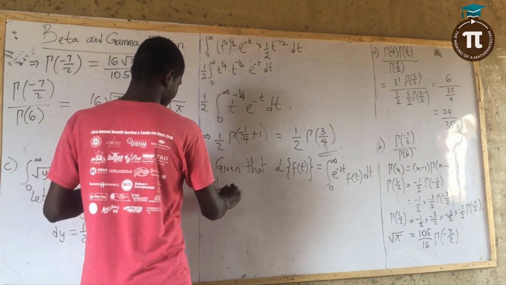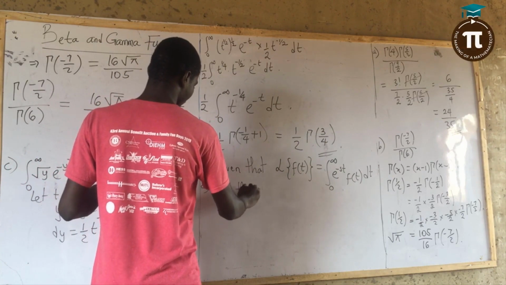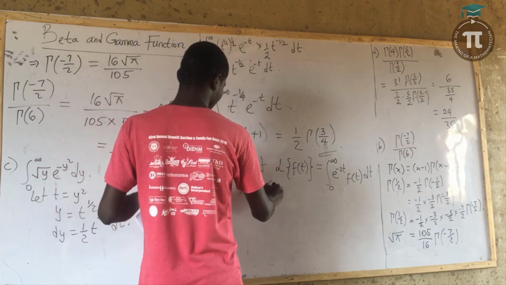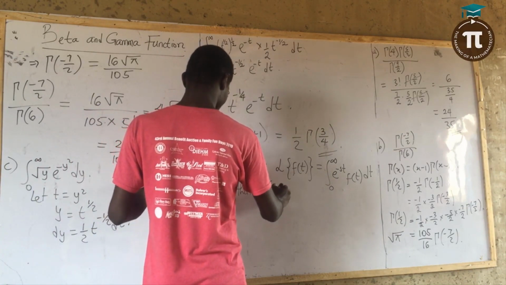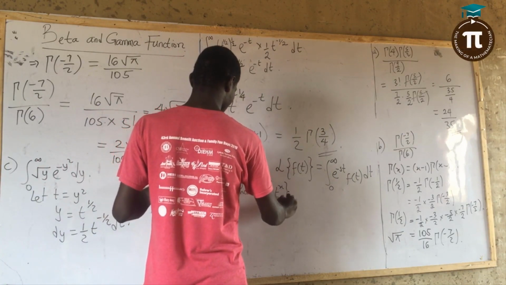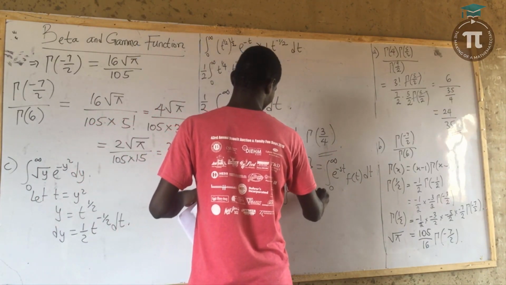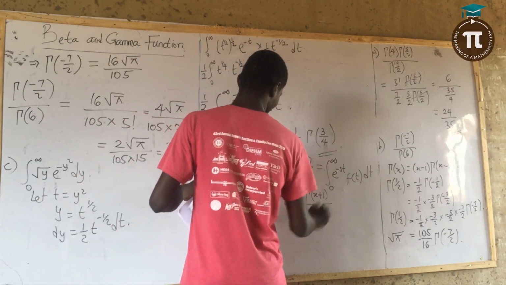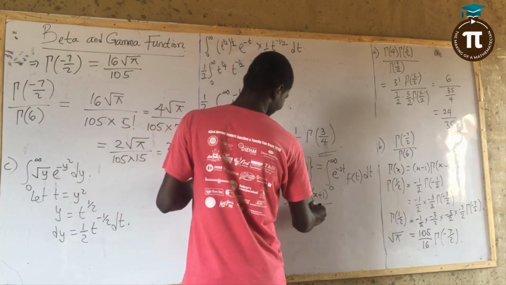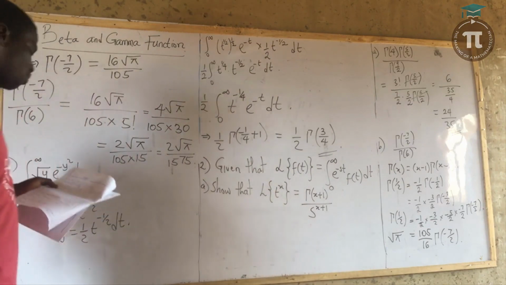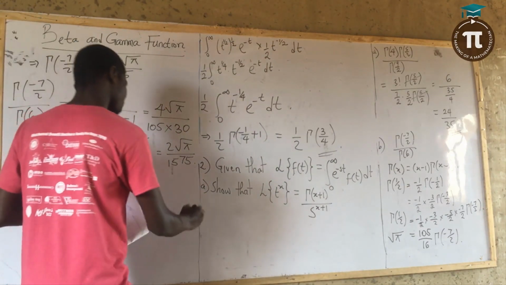The first thing they want me to do is to show that Laplace of t raised to power s is equal to gamma of s plus 1 all over s raised to power s plus 1.